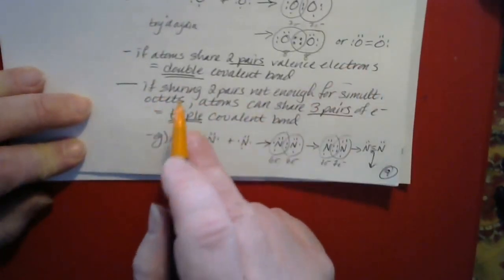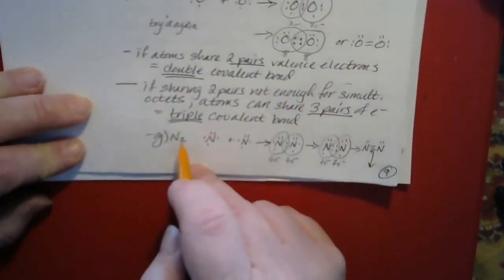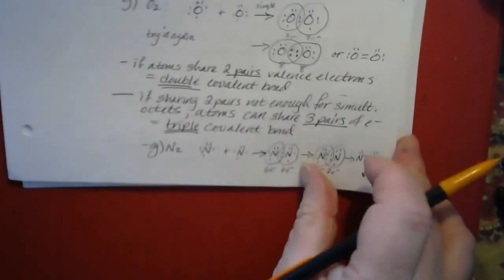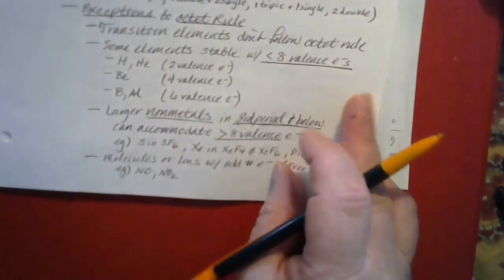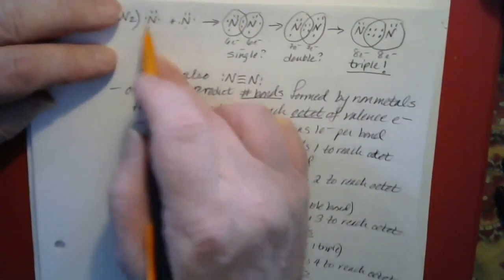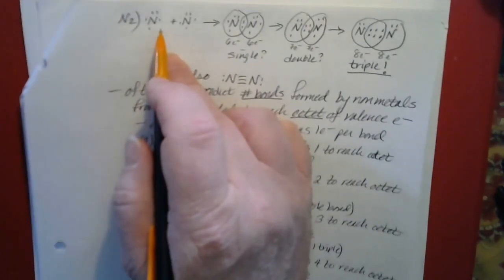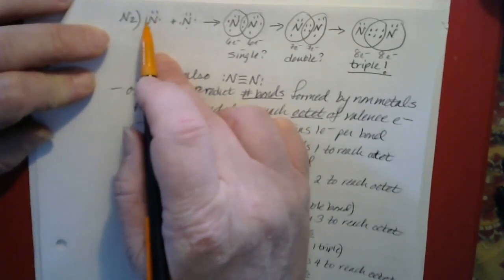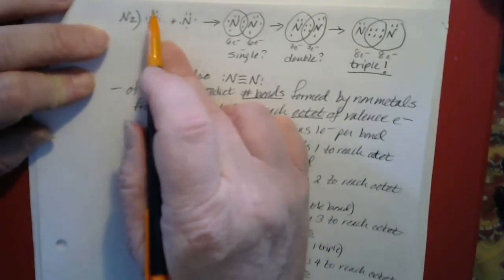Sometimes even that's not enough, though. Like if you look at the example of nitrogen, this gets a little crowded, so I did it over again on the next page. Each nitrogen atom has 5 valence electrons, because it's in group 5A. And so we have 1, 2, 3, 4, 5.